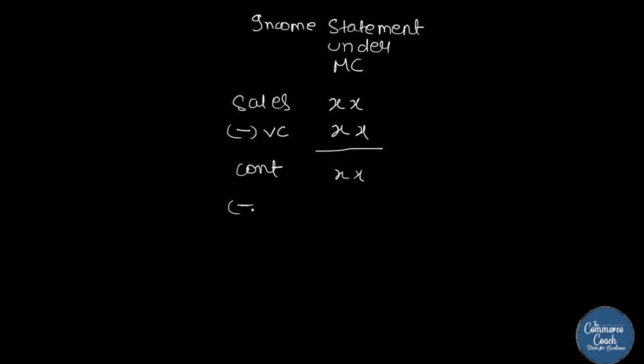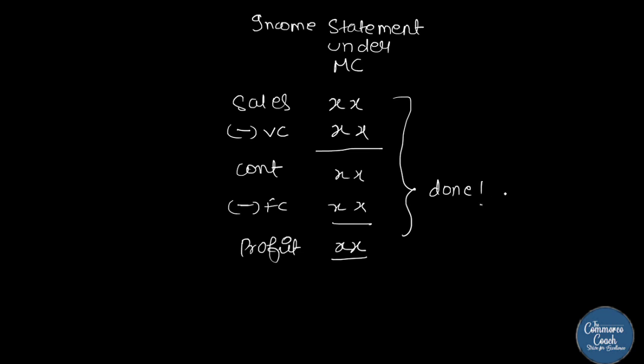From this contribution we deduct fixed cost, and finally we get profit. As I told you in the very beginning, you just have to remember this cost sheet and you are done with the chapter.